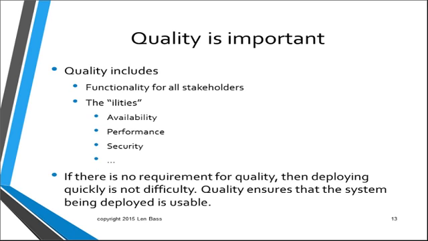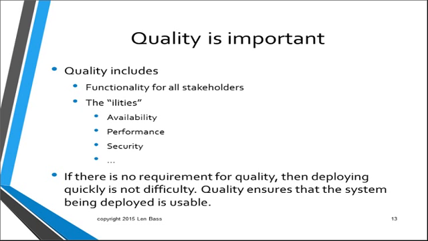In general, quality is important. Quality includes the functionality for all the stakeholders and various types of abilities for the system being developed as well as the pipeline. So availability, performance for the system being developed, there's a whole bunch of them. And if you're not worried about quality, then deploying quickly is not difficult.